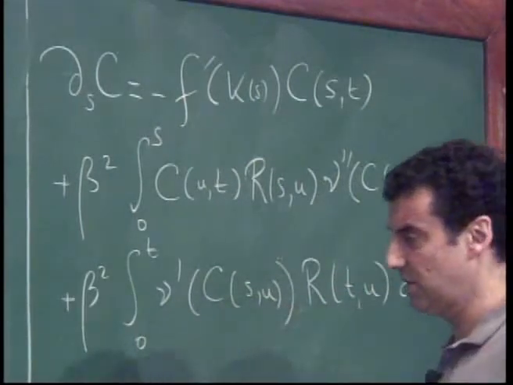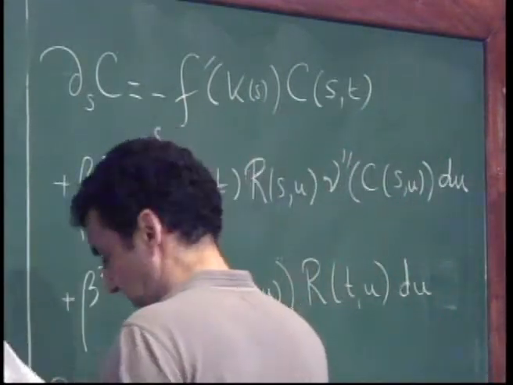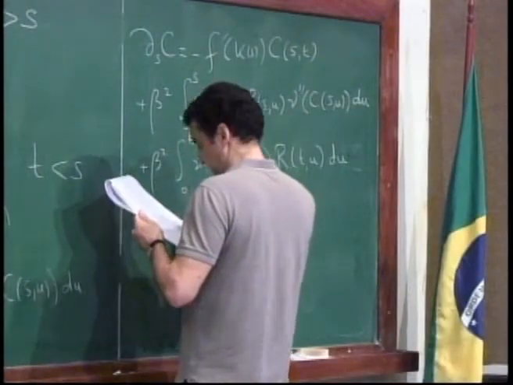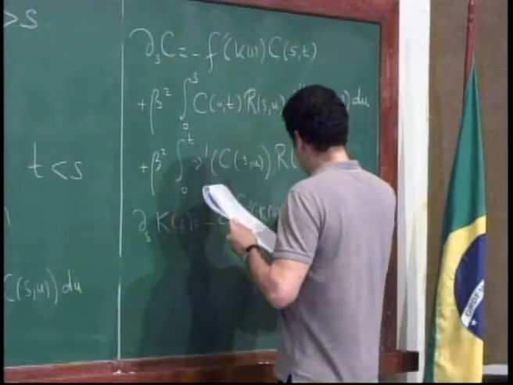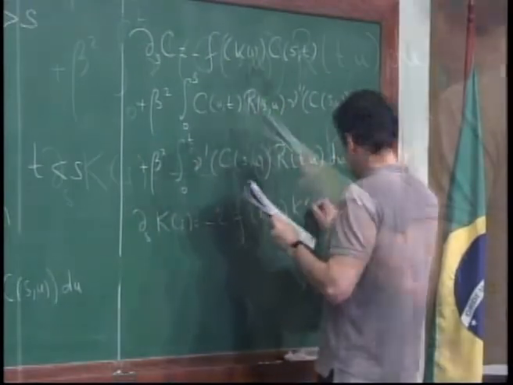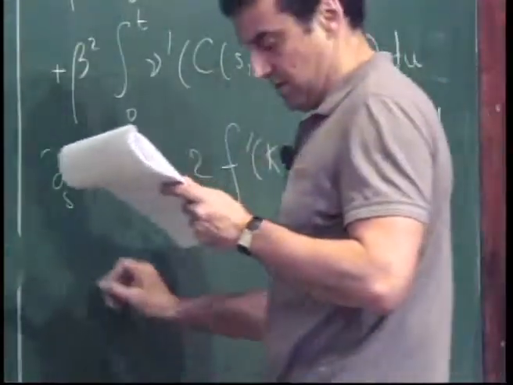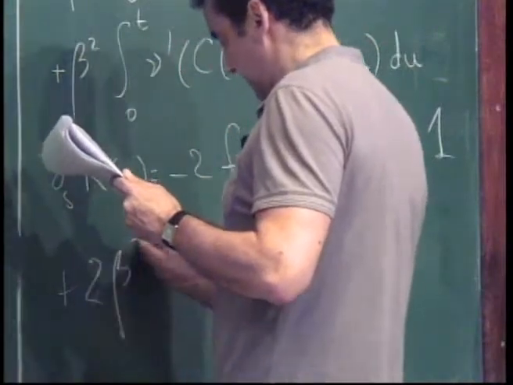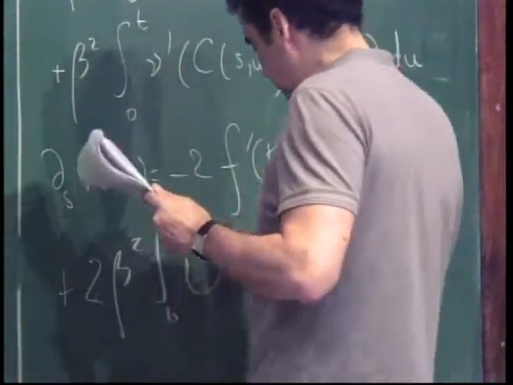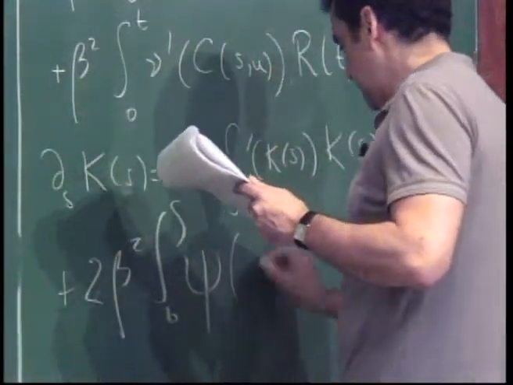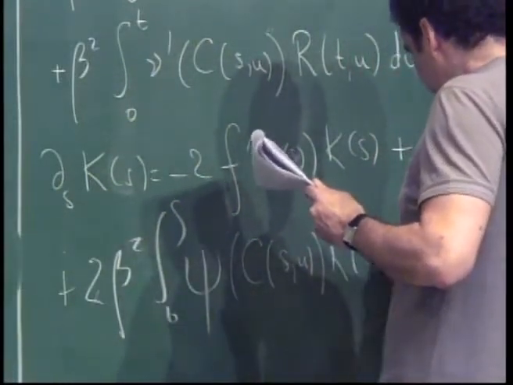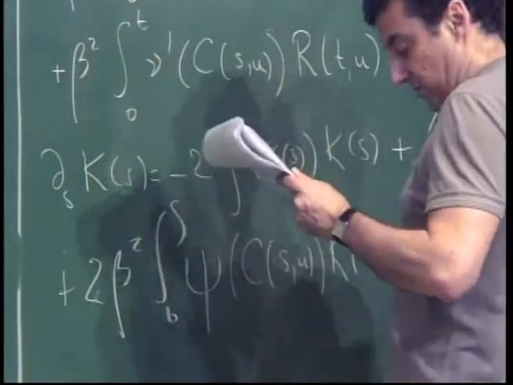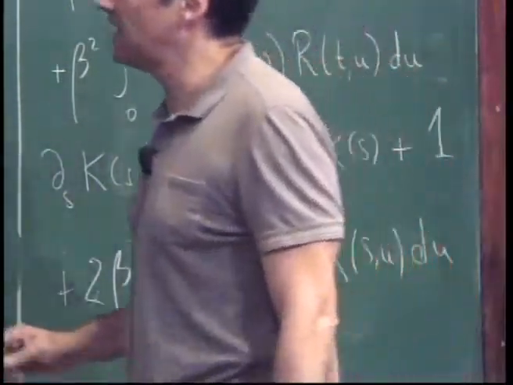And you have an equation for the K, which is ds of K of S is minus 2F prime of K of S plus 1 plus 2 beta square integral from 0 to S of psi of CSU, RSU du. And I still need to tell you what psi is.